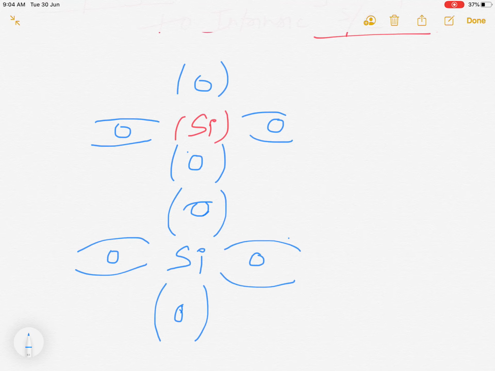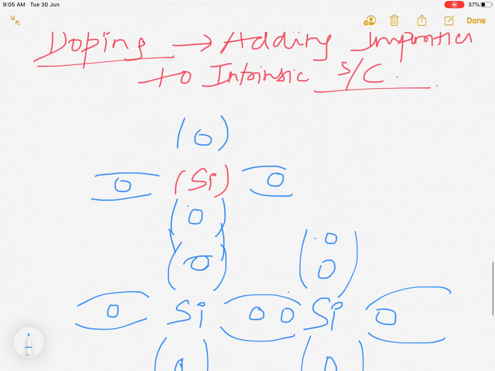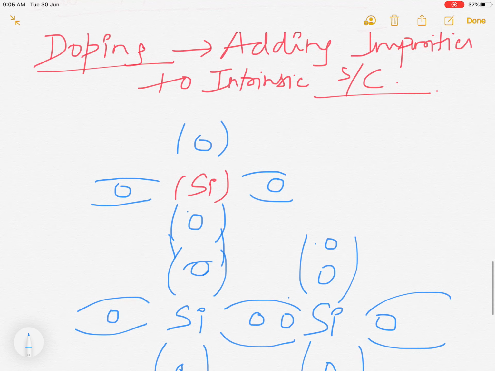So there will be another silicon atom here, and so on, right? So these are silicon atoms.